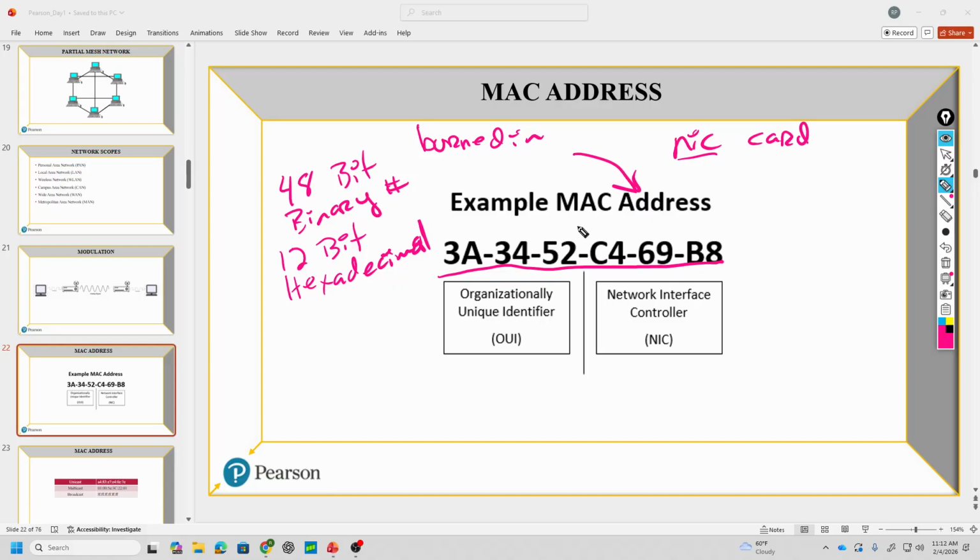The first portion, the first 24 bits, is what we call the OUI, or the organizationally unique identifier. The second part, the network interface controller, is a number that is specific to you. You can think of it like, in America, your social security number, right? Nobody else has that number but you. So therefore, that's how we can definitely track you, okay?